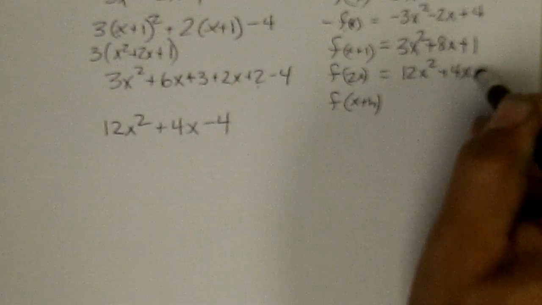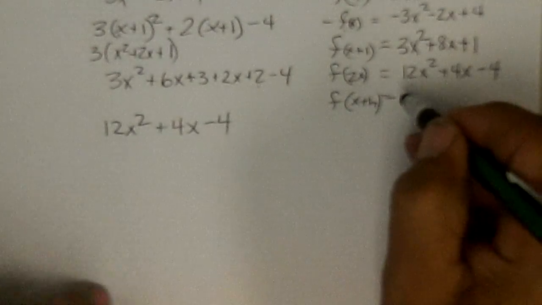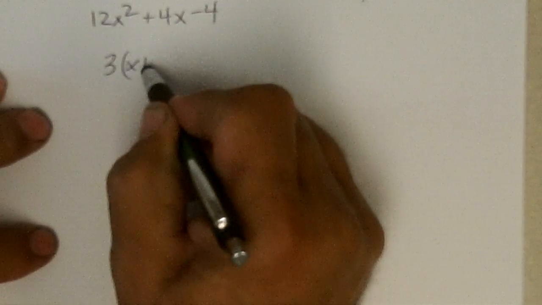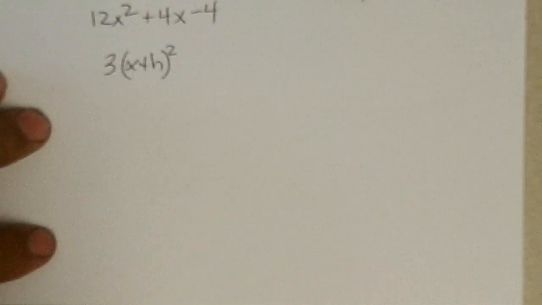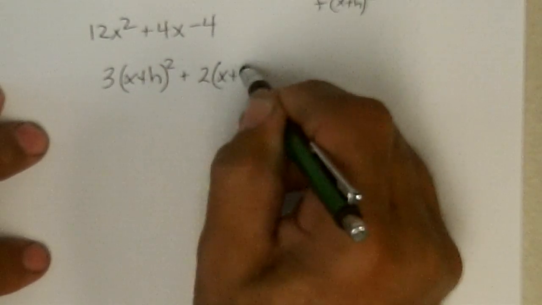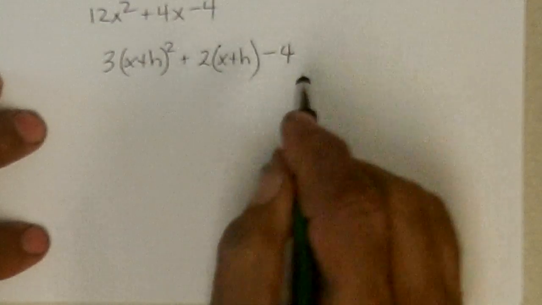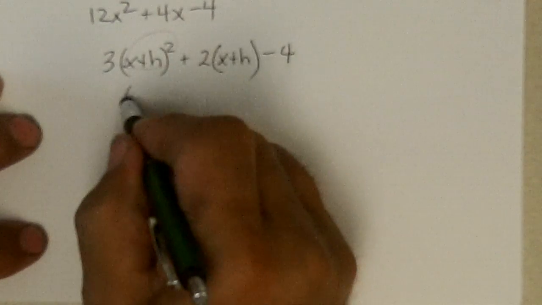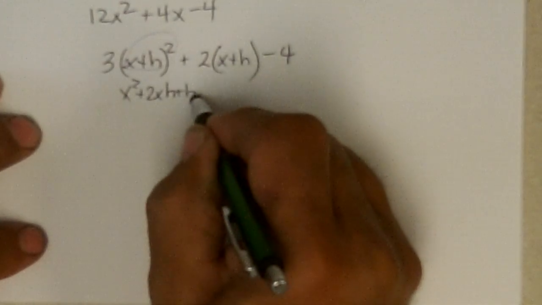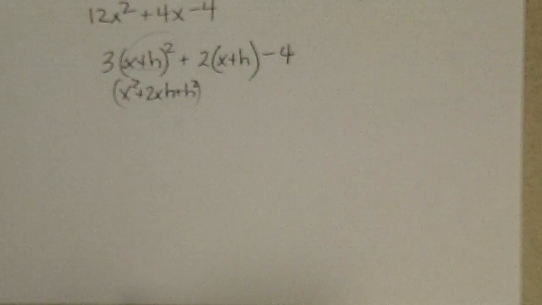And if I put in x plus h, I'm going to get, let's do that one down here, 3 times x plus h squared plus 2 times x plus h minus 4. x plus h squared is x squared plus 2xh plus h squared. Just write x plus h times x plus h and FOIL.